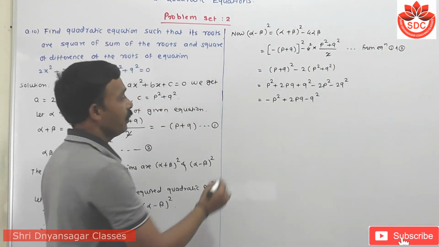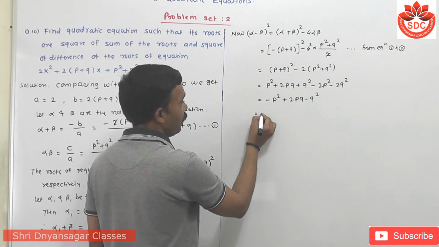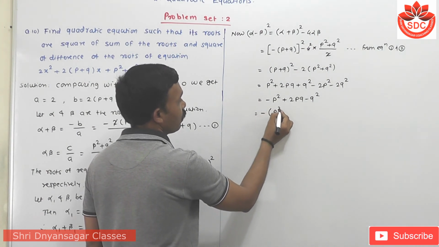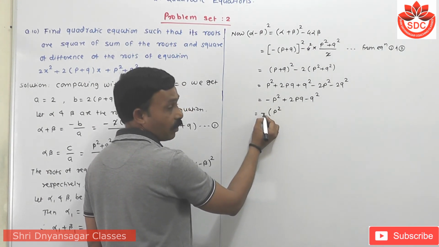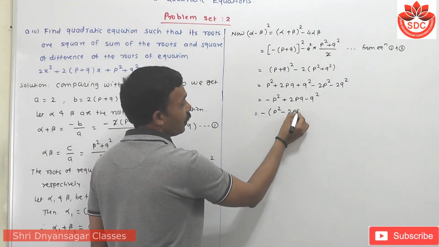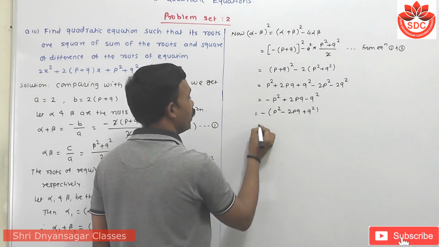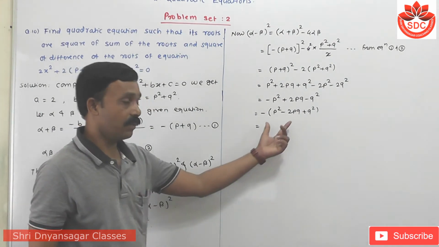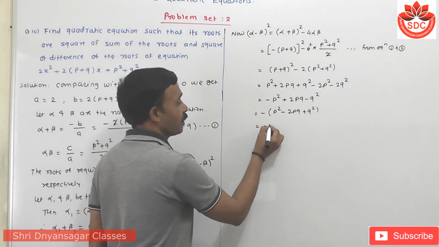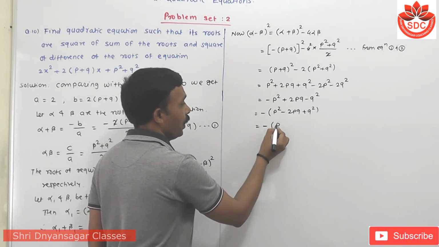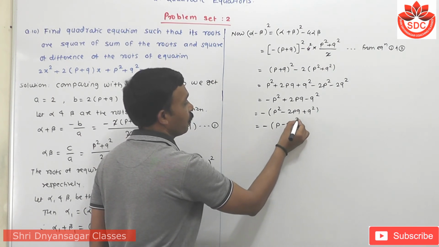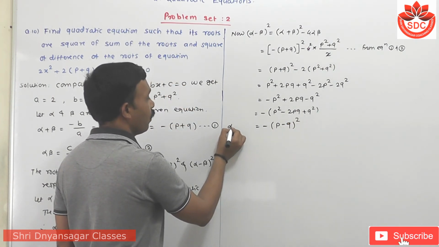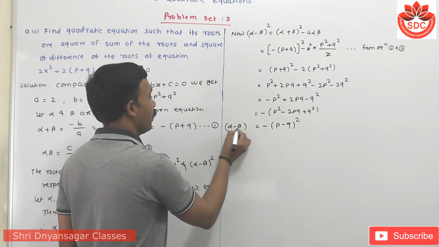Now I take minus common in bracket p square minus twice pq plus q square. This is the square of one bracket. Which bracket? Minus in bracket p minus q bracket square. This is the value of alpha minus beta bracket square.